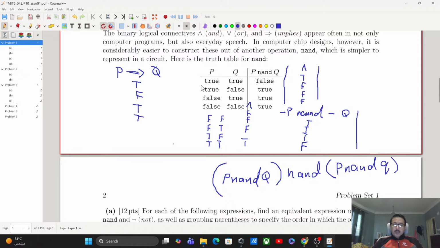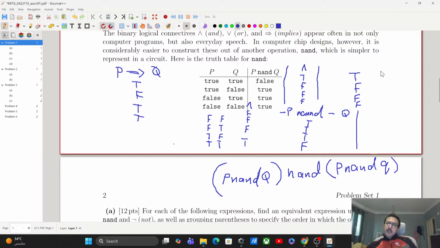It's true, that's not gonna get it. So let's just write it here. True, false, false, false.